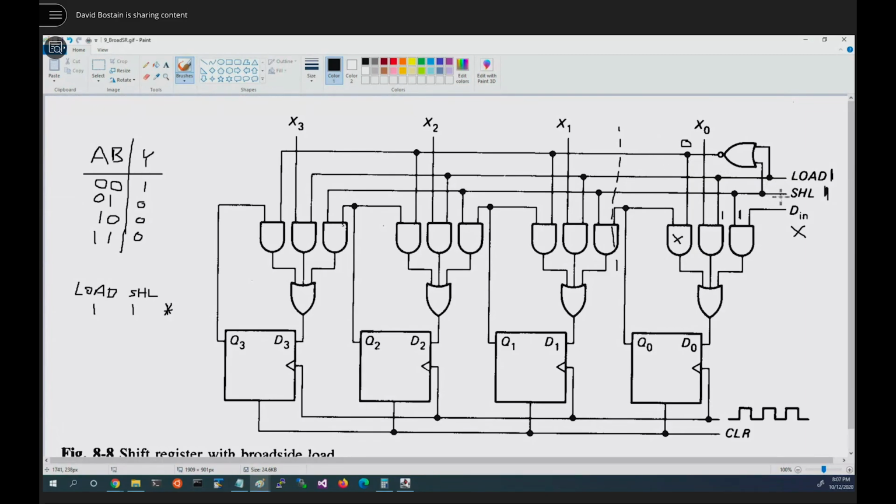It's the thing that says we're neither shifting left nor loading, which is kind of what it says, NOR, right? It's going to take care of the other case for us by combining the two pieces of logic.